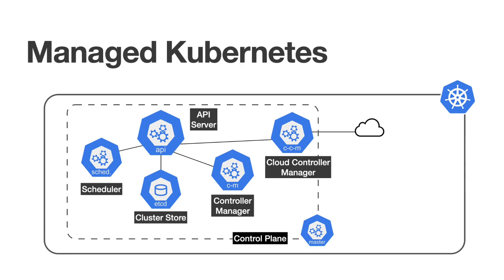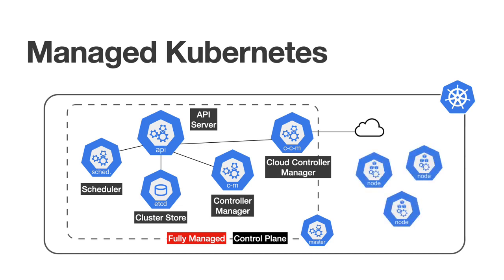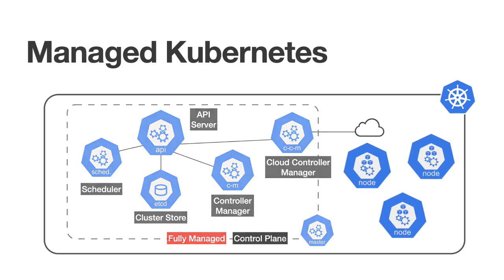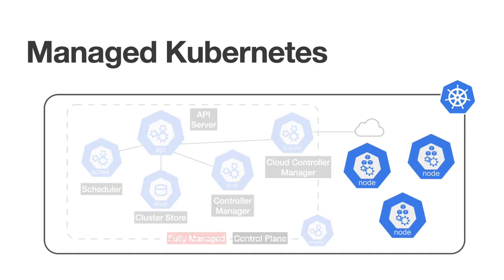So all of this is fully managed for you. And all you have to do is just focus on the worker nodes, and this is where your applications run. So you see that now all of a sudden you remove a lot of complexity and you just have to focus on your application itself.